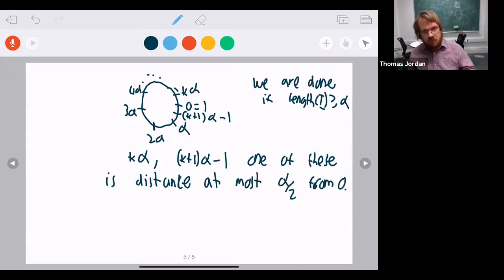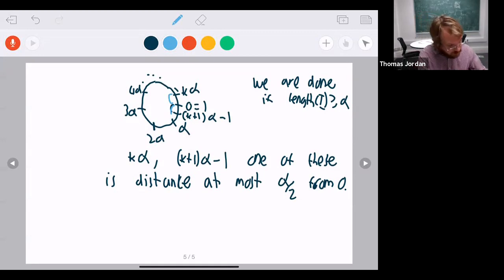We know that they're both within alpha of 0, because otherwise they wouldn't have 0 between them, since the gap between k alpha and k plus 1 alpha is just alpha. They're on either side of 0, and the gap between them is alpha. So one of these 2 distances, which I'll put in blue, must be smaller than alpha over 2.